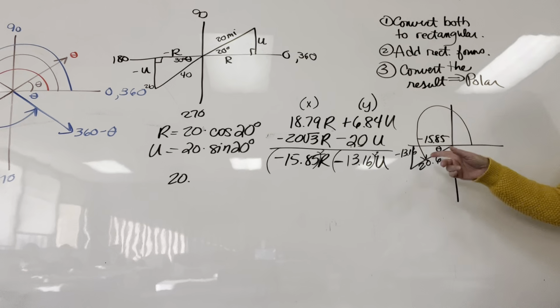Shift tan, 13.6 divided by 15.85. 39.7. Add that to 180. And what do we get? 219. So 219 degrees. This is where the vector ends up being when we add those two vectors.